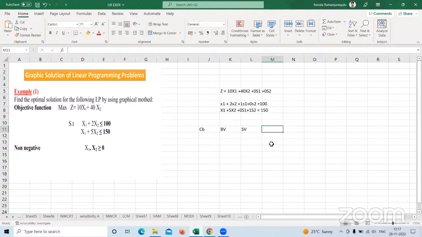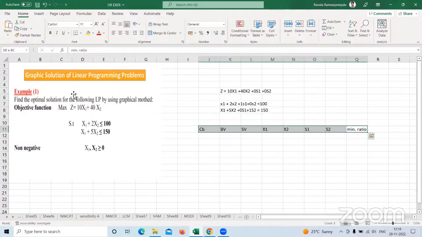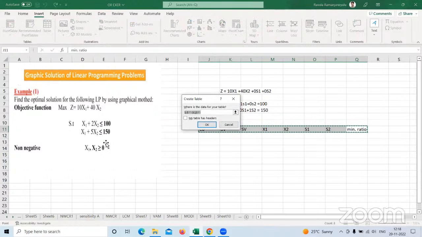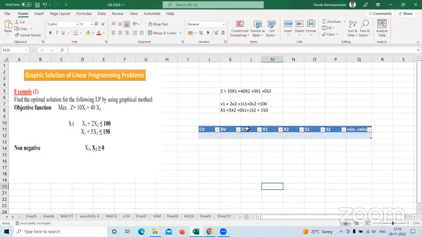Then the variables x1, x2, s1, s2, with the minimum ratio. This is the table which we require.